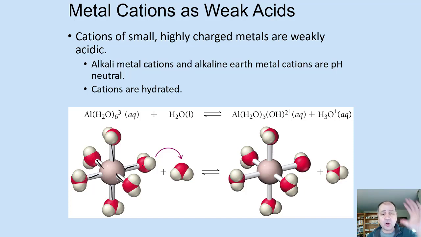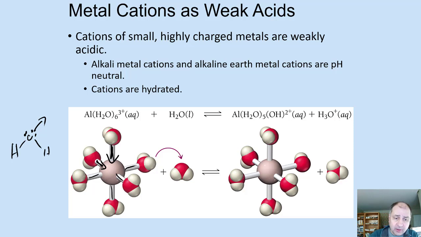It's large enough it can accommodate 6 water molecules, and it's the oxygen lone pair from water that actually donates a pair of electrons to an empty d orbital. There's 5 d orbitals, or a p orbital. There's 3 p orbitals, so there's plenty of p orbitals available that are Lewis acidic. So it's going to accommodate 6 of these water molecules. So those are in themselves Lewis acid, Lewis base interactions.